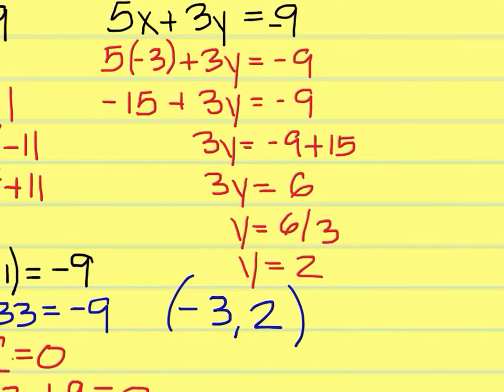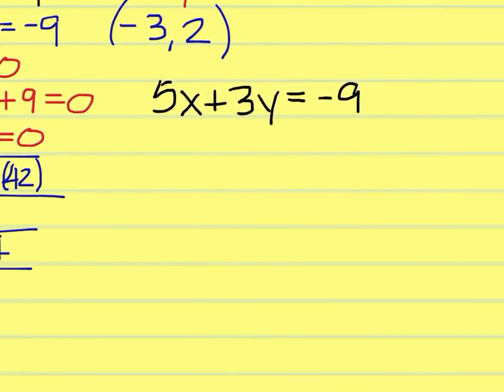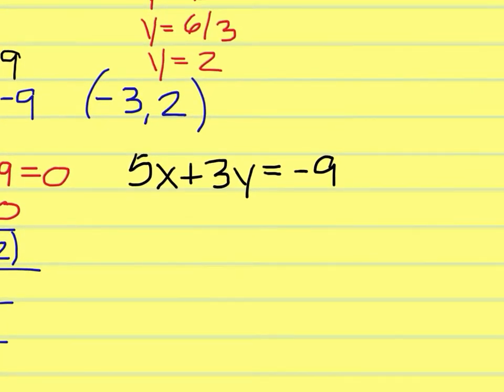And you have to use the same equation, which again is 5x plus 3y equals negative 9, and plug in the 14 over 3 that we found as the second solution for x. So 5 times 14 over 3 plus 3y equals a negative 9.